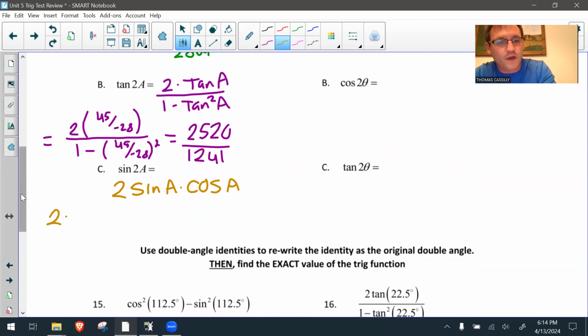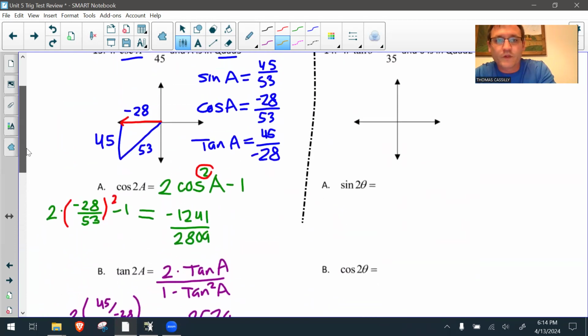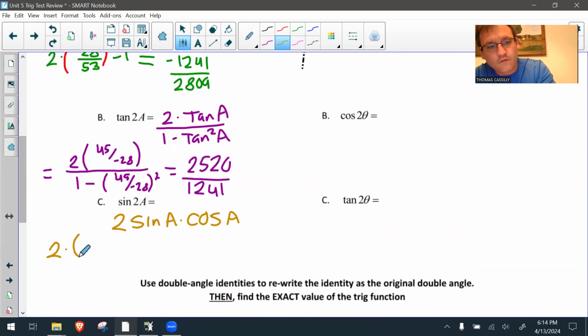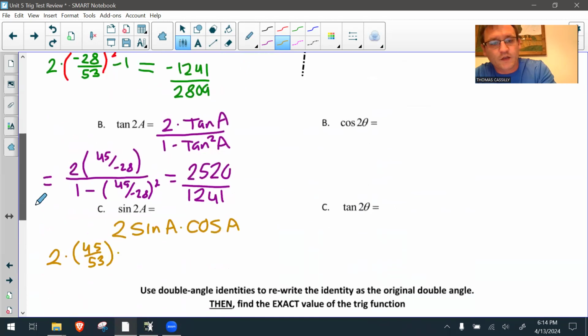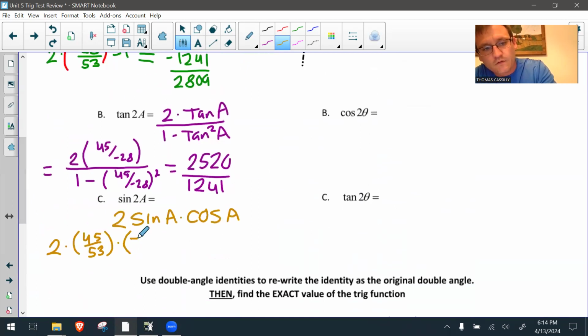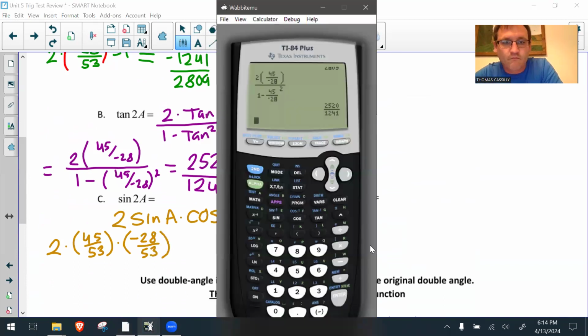The sine of a is 45 over 53, and the cosine of a is negative 28 over 53. So here we go. This one, not too complicated, so I'll just do it as is.